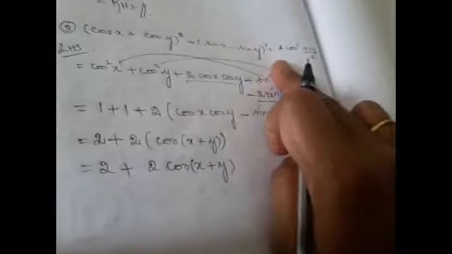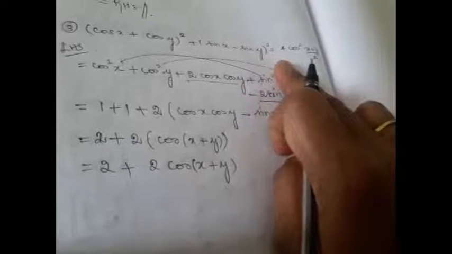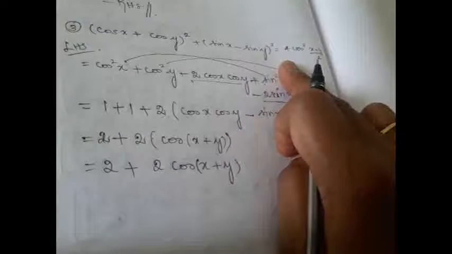But we need to prove 4 cos square x plus y by 2. So how can you write this now? Now see, there is a formula for cos 2a, right? What is cos 2a? Cos 2a is 2 cos square a minus 1.